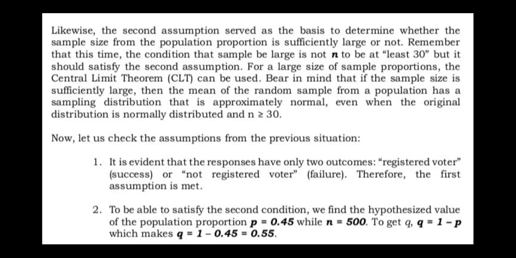To be able to satisfy the second condition, we find that the hypothesized value of the population proportion P is equal to 0.45, while n is 500. To get q, q is equal to 1 minus p. Substitute p as 0.45, then q equals 0.55.